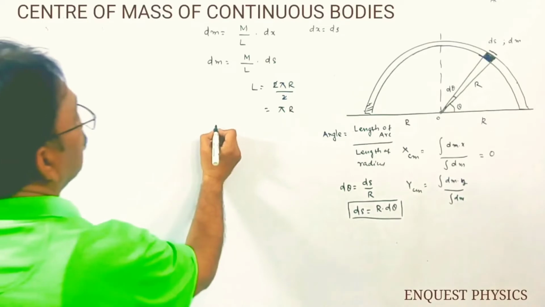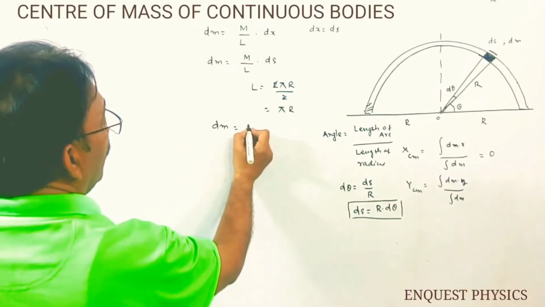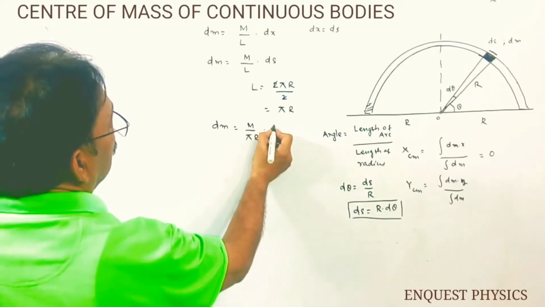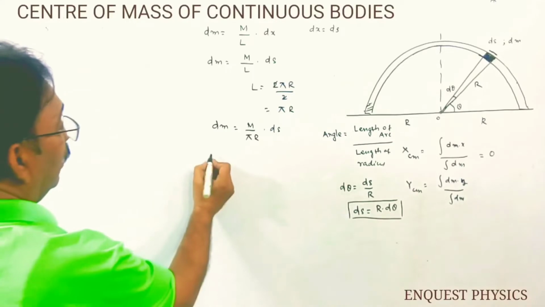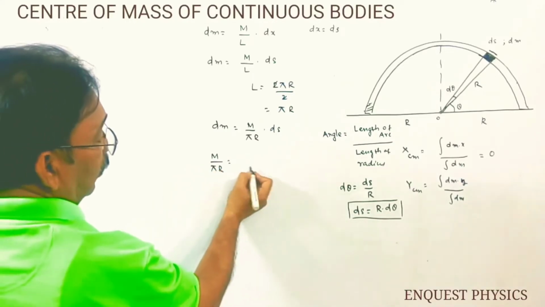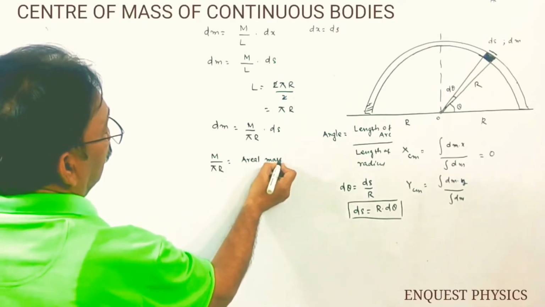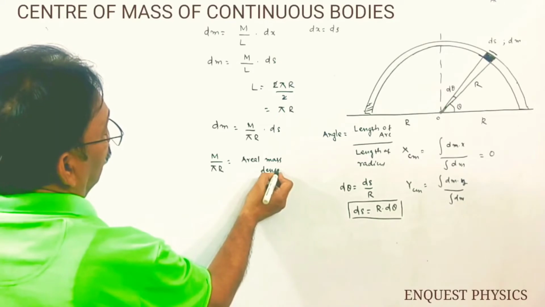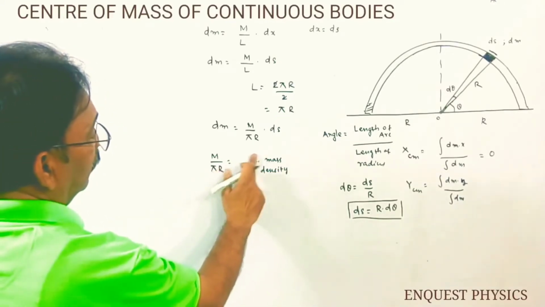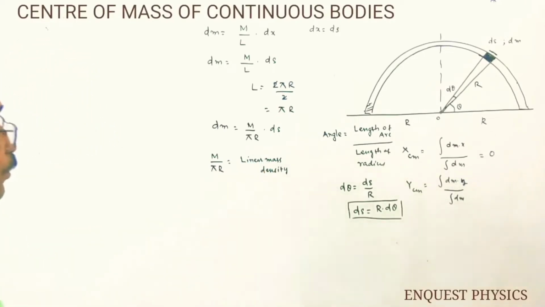Then the mass can be had as dm equal to m by pi r into ds, where m by pi r is the linear mass density.